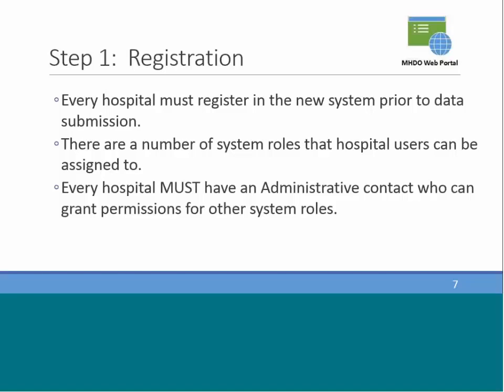There are a number of other system roles that hospital users can be assigned to. And again, every hospital must have an administrative contact, and that will be the first person who will be registered. There are also MHDO assigned hospital codes, and each hospital will be assigned a code to identify them for reference and to use when naming files for submission. Many of the codes may be the same as codes the hospitals are already used to using.